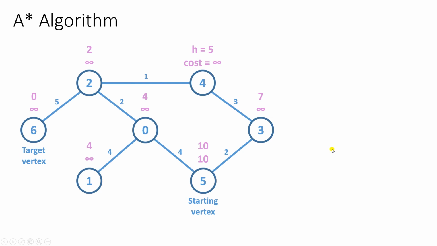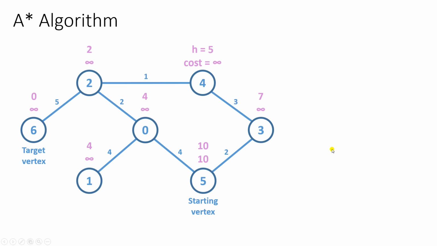Contrary to Dijkstra's algorithm, the A-star algorithm calculates the priority of a visited vertex as the total cost of the vertex. Dijkstra took into consideration only the sum of edge weights to reach a specific vertex.